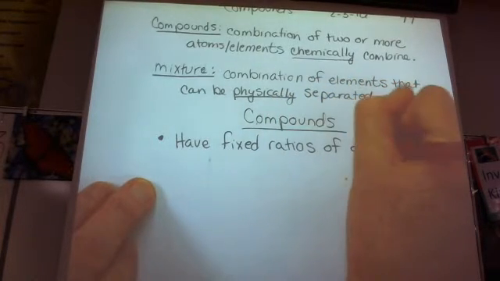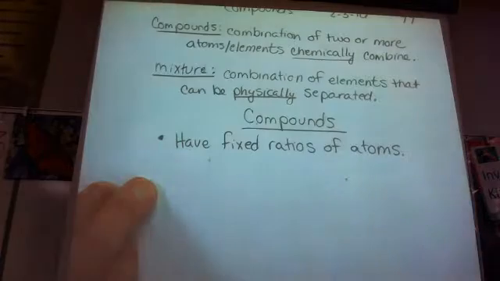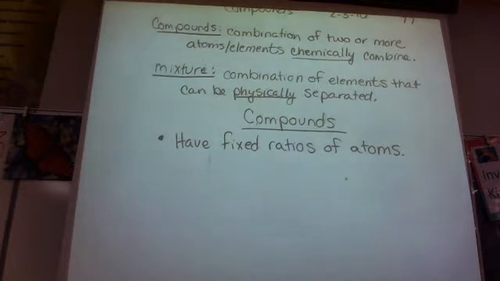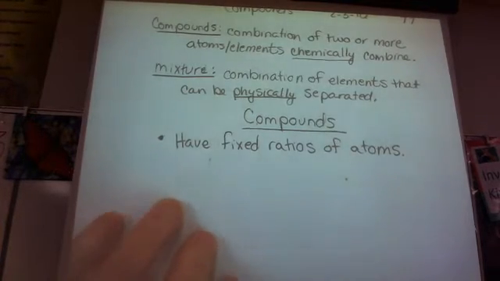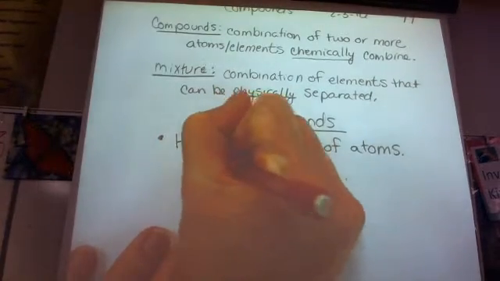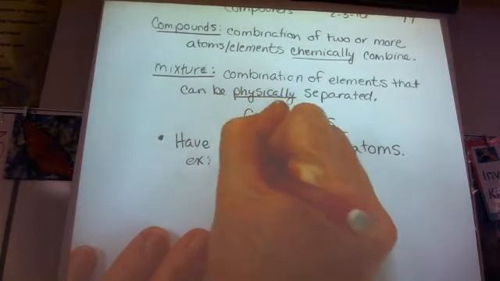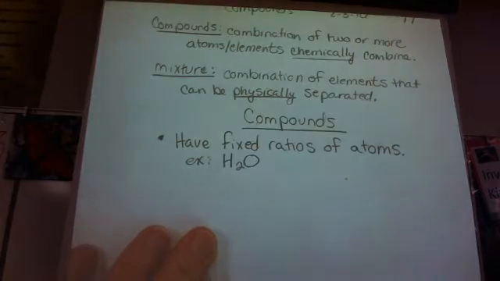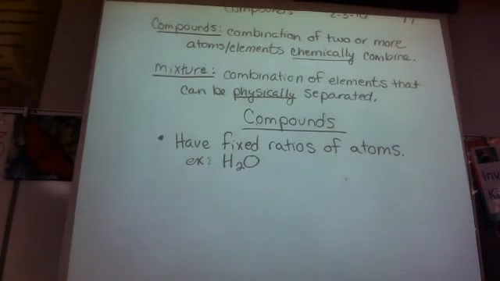Of atoms. I'm going to talk a lot today about water because you guys are familiar with water, you've interacted with water, you know what it's about. So if we're talking about water here, it looks like H2O, you guys know that. Water always has 2 hydrogens and an oxygen.